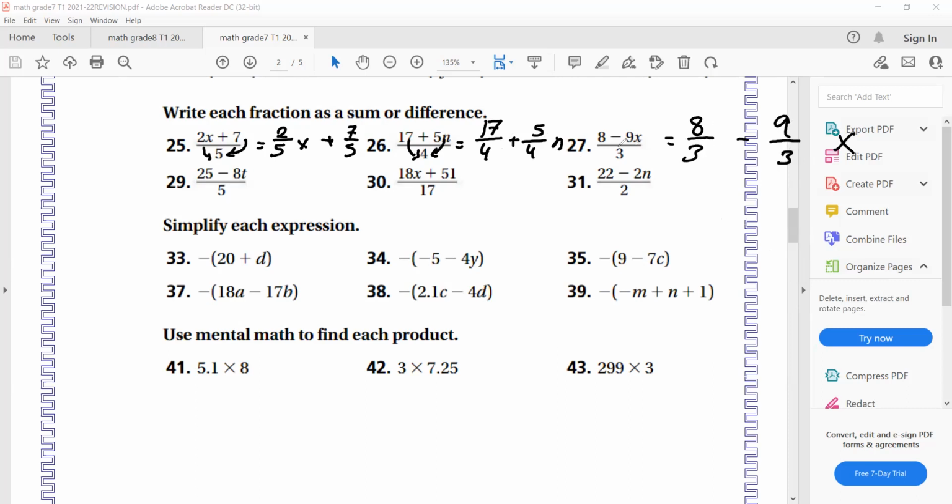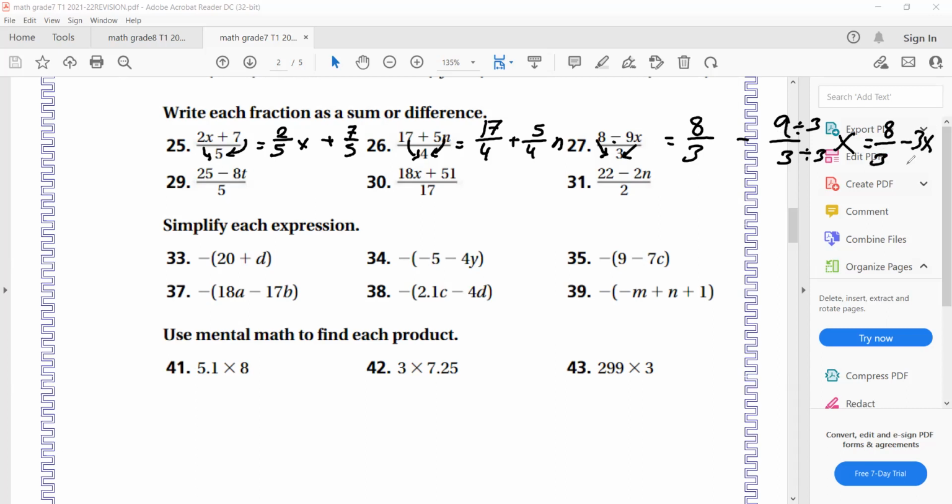Do you understand this, my dear? 8 and 3 can't simplify. 9 and 3 simplify. The answer will be 8 over 3 minus 3x.